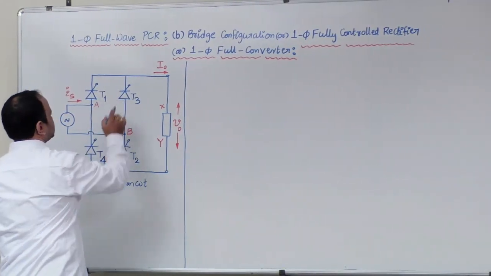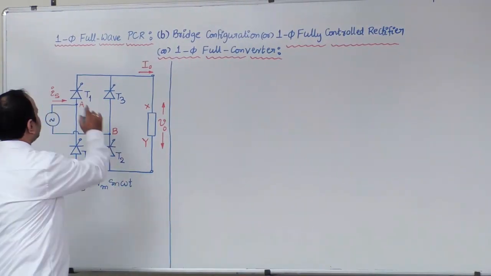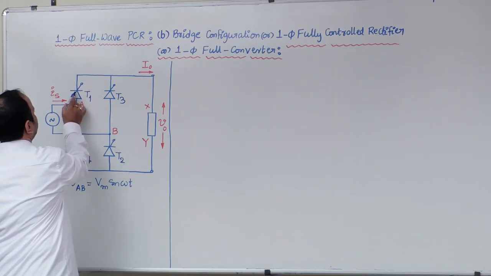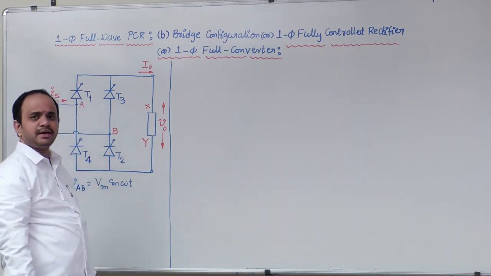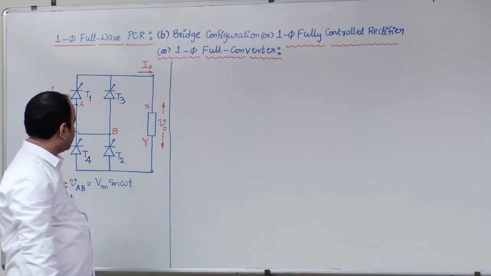Next, now let us look into this circuit diagram again. So here the basic concept is upper half devices. Observe carefully here, cathodes of these two devices are connected at a common point.